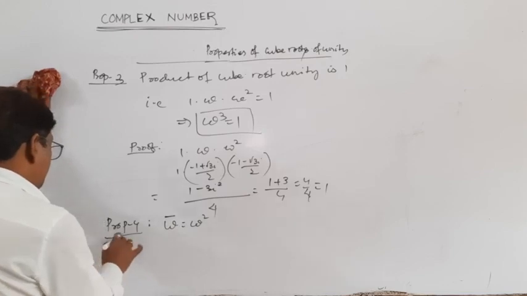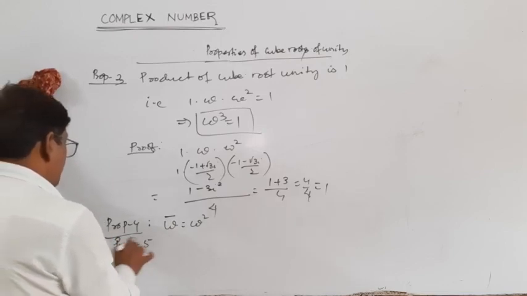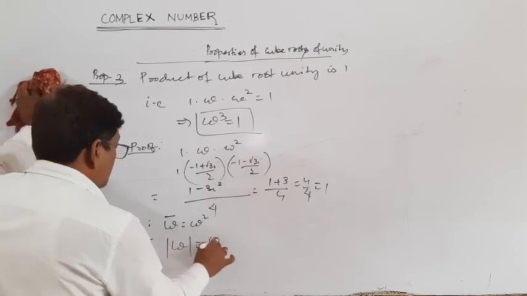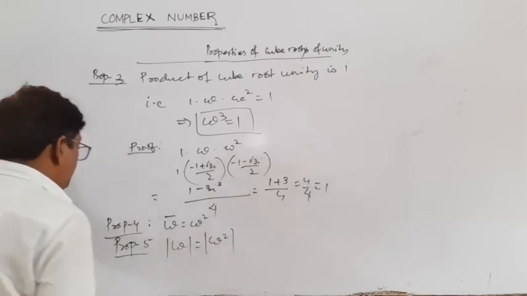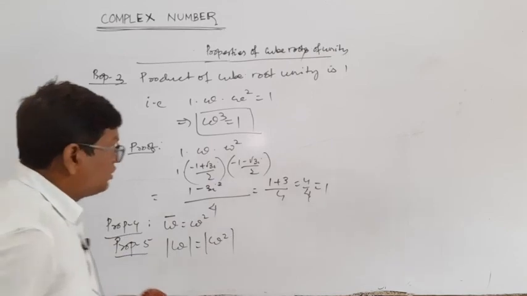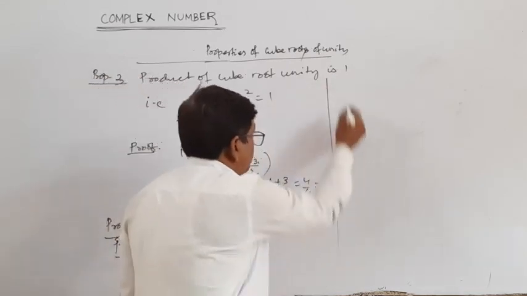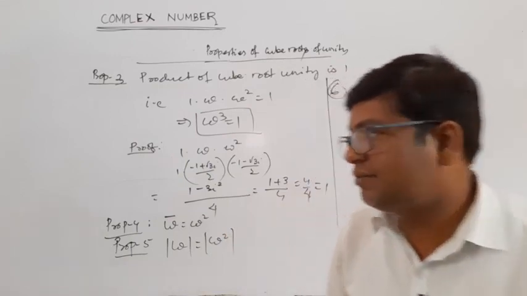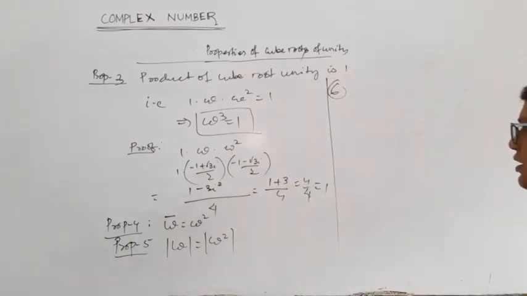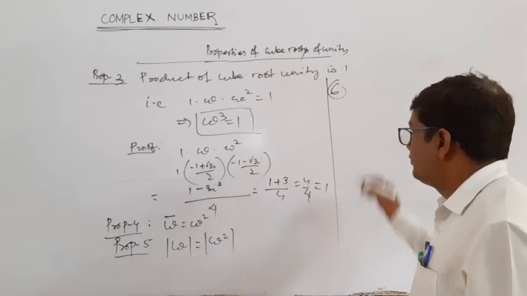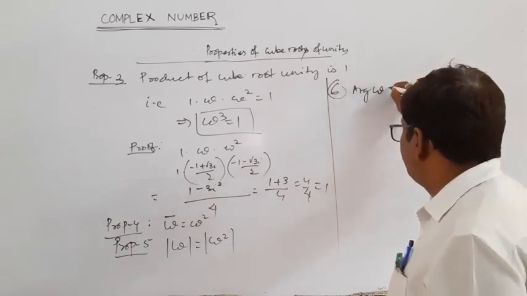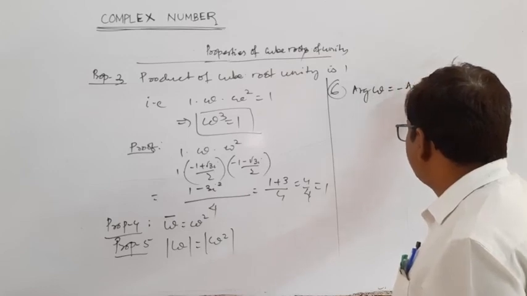Property 5: the modulus of omega is equal to the modulus of omega square. Property 6: the argument of omega is equal to minus the argument of omega square.